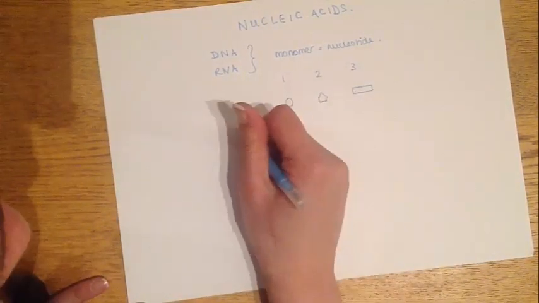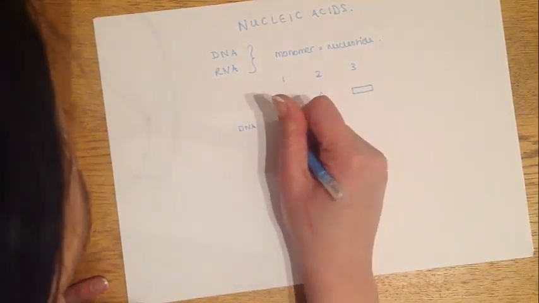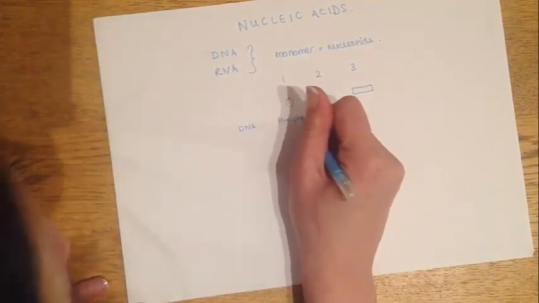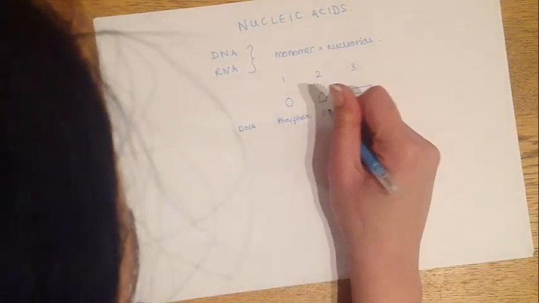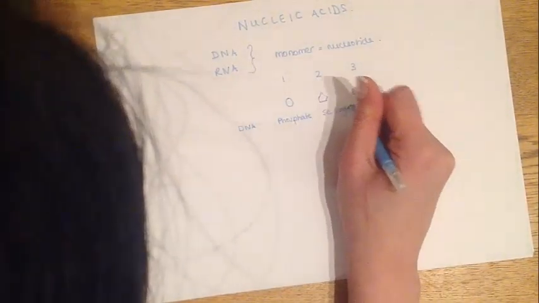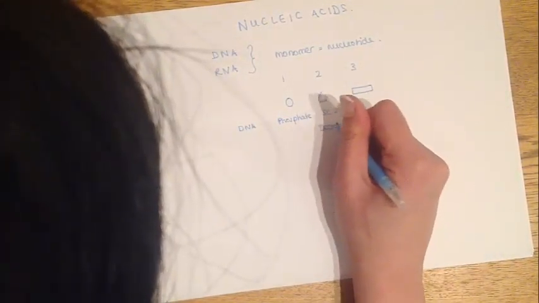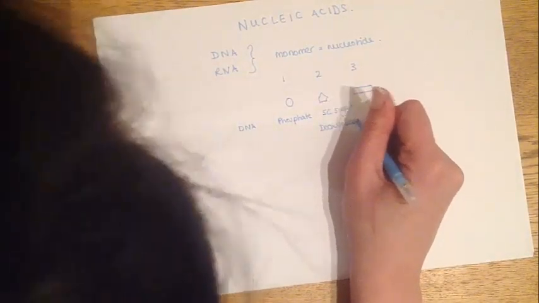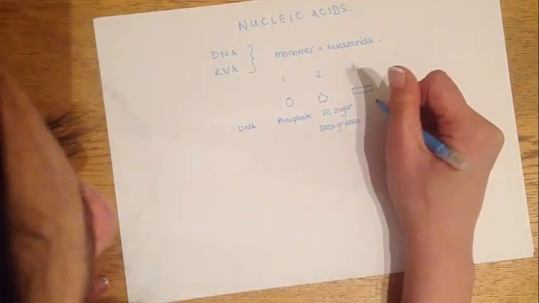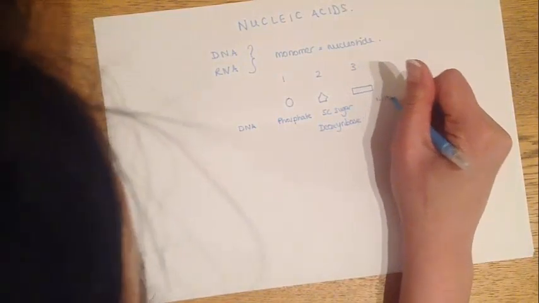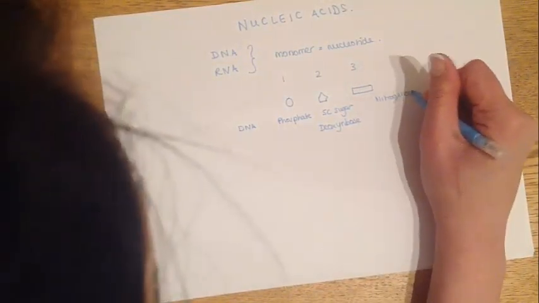So if we start with DNA, DNA has a phosphate, the pentose or 5-carbon sugar, this time is deoxyribose, and it has 4 bases, which are nitrogenous bases.